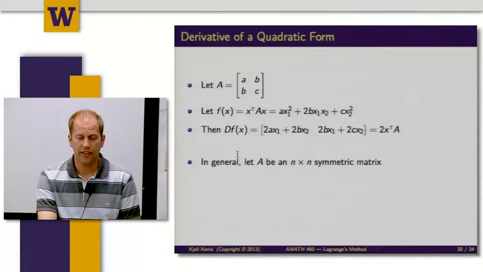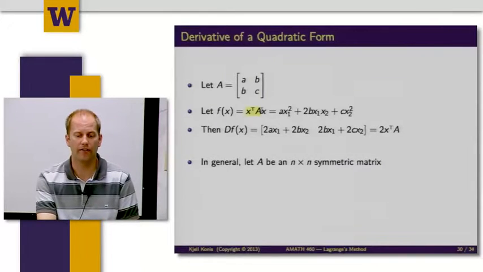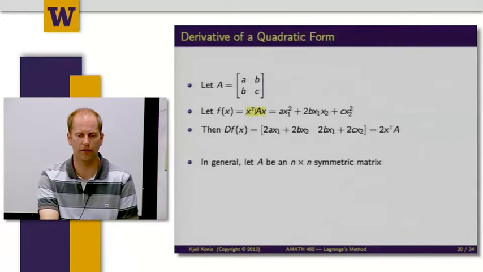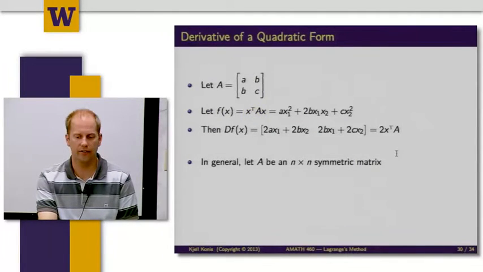And it turns out that in general, if A is an n by n symmetric matrix, so that's what makes this thing a quadratic form, and x is my vector that has my variables in it, x1 up to xn, and A is a symmetric matrix, then this thing here is called a quadratic form.